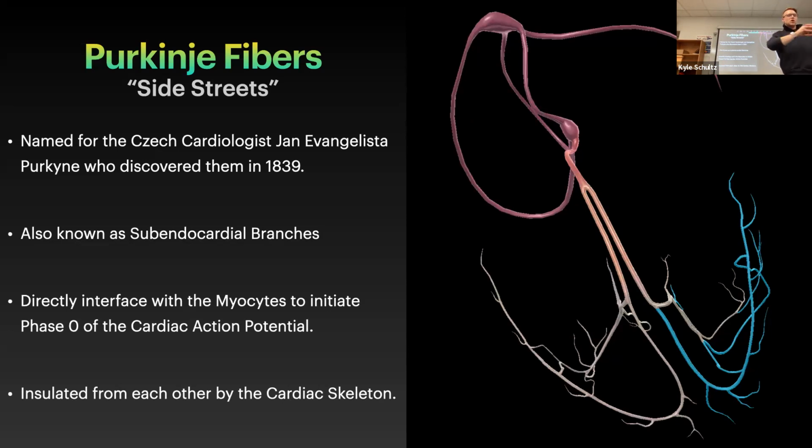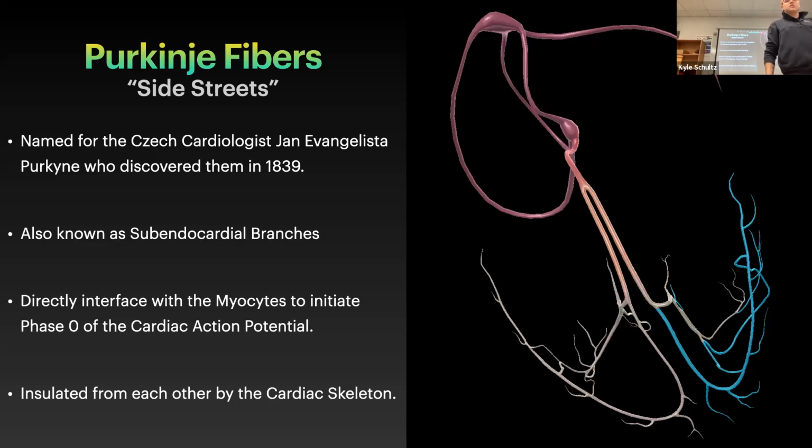There's a whole complex interconnected skeleton of connective tissue that isolates different parts of the heart from each other. So if I start an action potential up in the right atrium, it's not going to be able to get to the right ventricle without going through the SA node, the internodal pathways, and the AV junction.